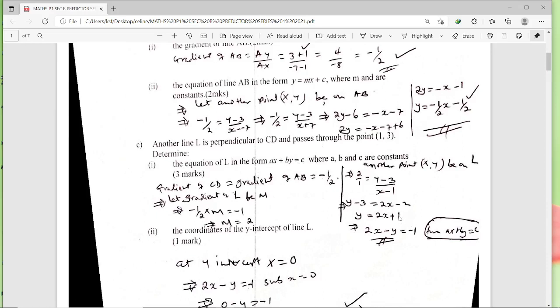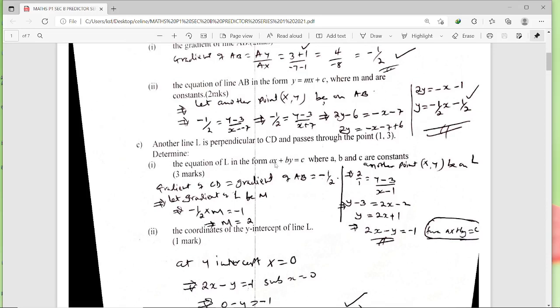If you leave it at y equals 2x plus 1, we have 3 marks here. You could have scored only 2 marks, but you lose the answer mark because you are told the form ax plus by equals c. Therefore, you need to have it in the form given. So what you are supposed to do is rearrange it in the form.